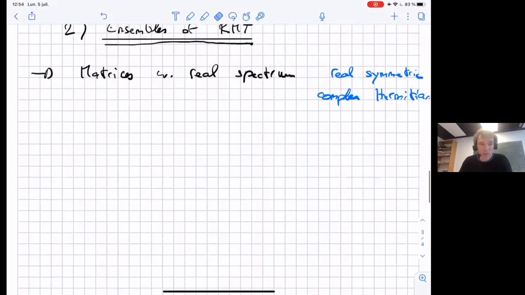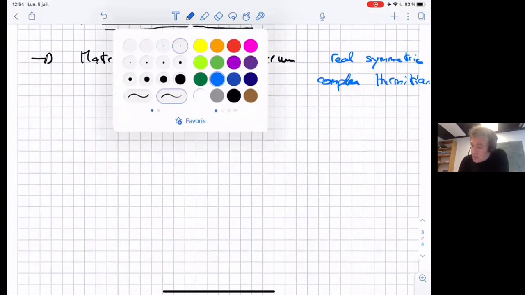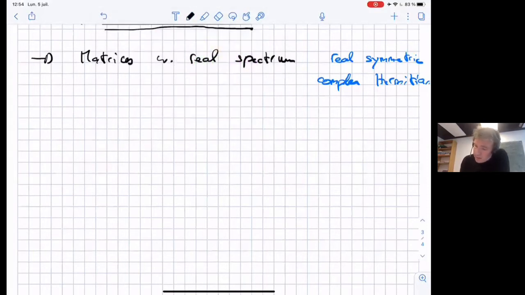With probability 1, all the eigenvalues will be real. Sorry, what I said, I think, having this in mind. If you stick to these ensembles, it's fair to say that you have basically two main categories of random matrices.